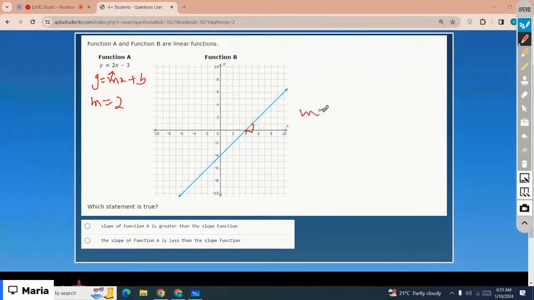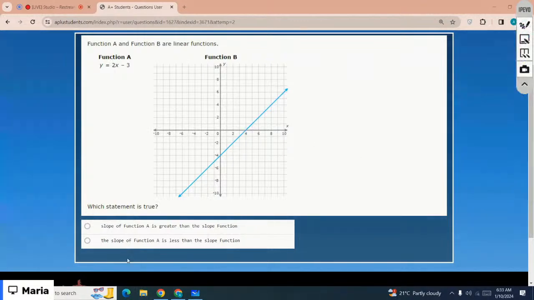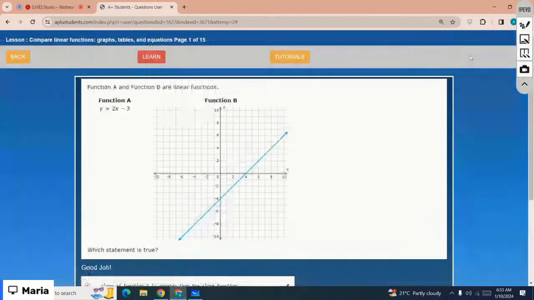The slope of this one is 1 over 1, right? So the slope of function A is 2 and slope of function B is 1. So obviously the slope of function A is greater than slope of function B. The correct option is option number 1. Option number 1 is the correct option, right?